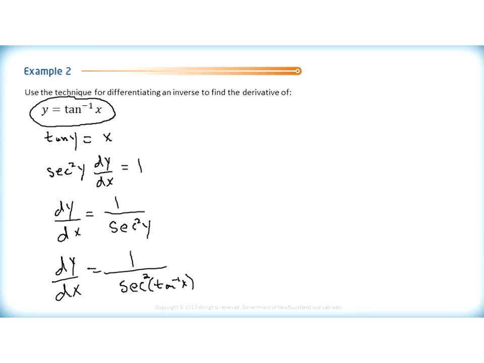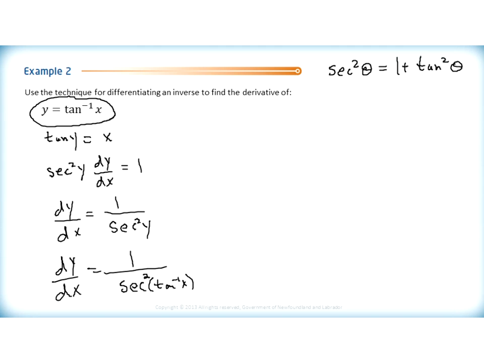And it just so happens that we have one. We should remember this time that we have an identity that says that secant squared of any variable is 1 plus the square of the tangent of that variable.